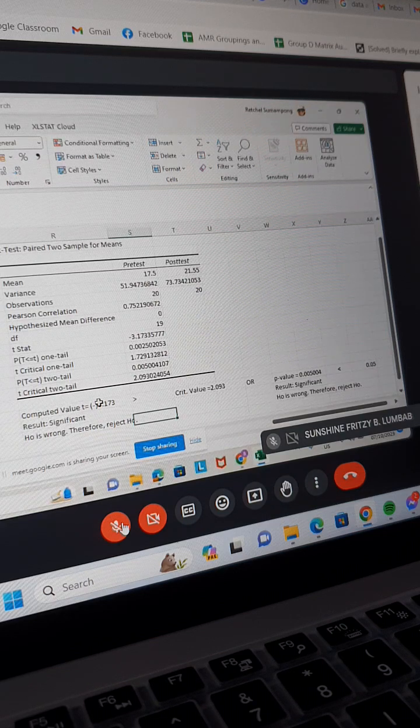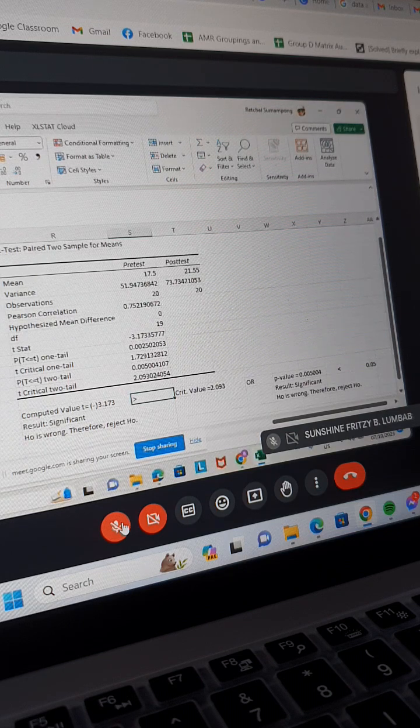So the negative value only indicates that the pre-test is lesser than the post-test. Enclosing that in parentheses, we consider the positive value and compare that to the critical value, which is greater.